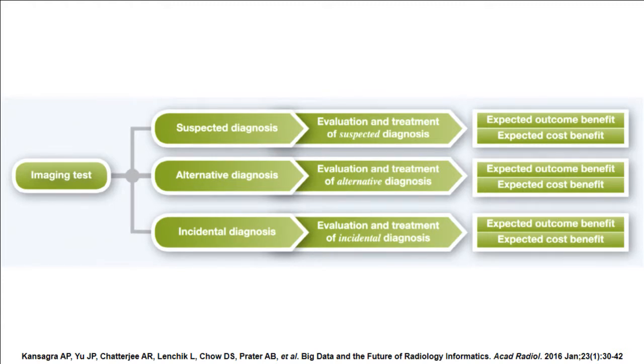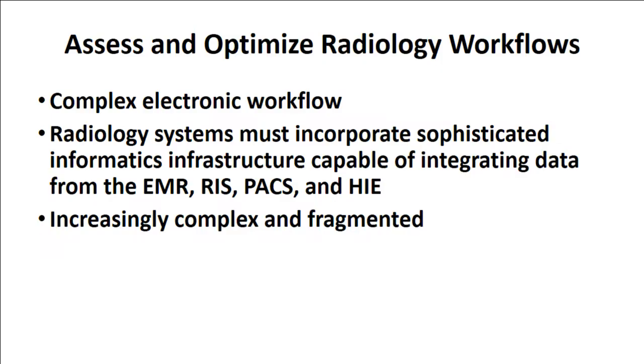So we could have, for instance, a suspected diagnosis, and then we could have the potential benefits and costs. Now, testing can also give us an alternative diagnosis, and we could look at the benefits and costs of that, or even identify an incidental diagnosis and look at the benefits and costs of that, and then see what the true benefit versus cost of an imaging test is.